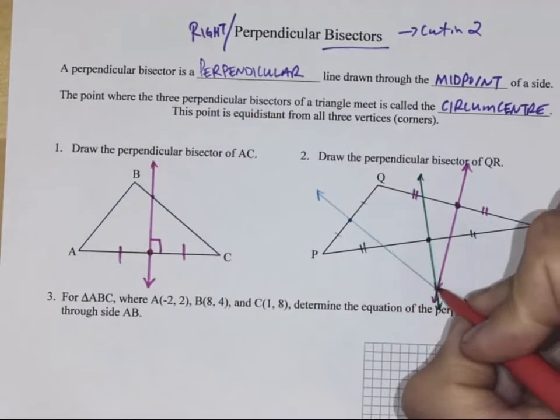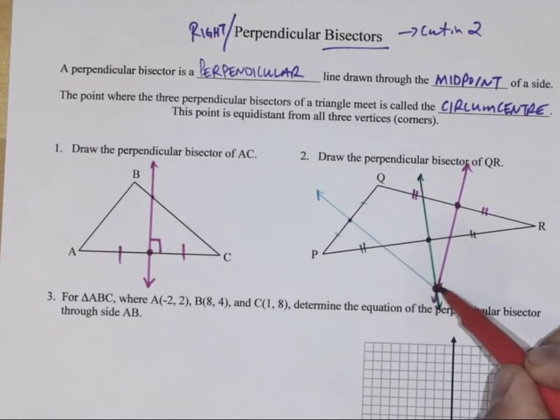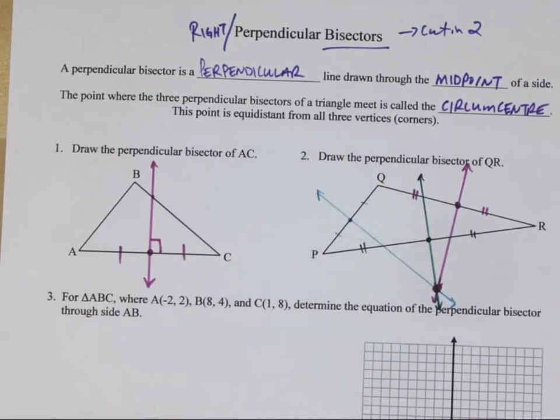Super. The circumcenter. There it is. This point, the circumcenter, is the same distance from P as it is to Q as it is to R.